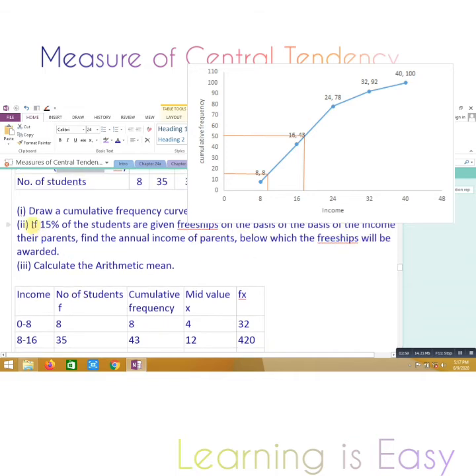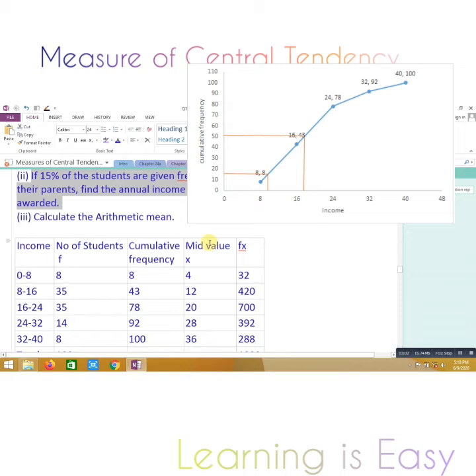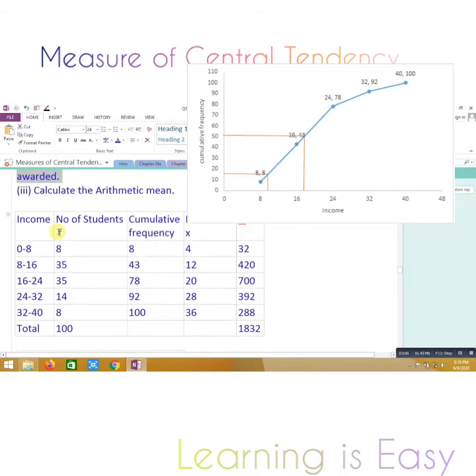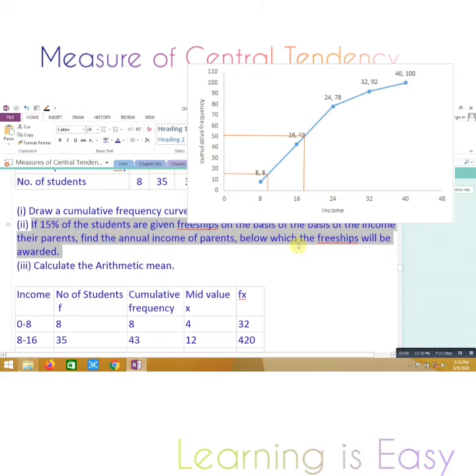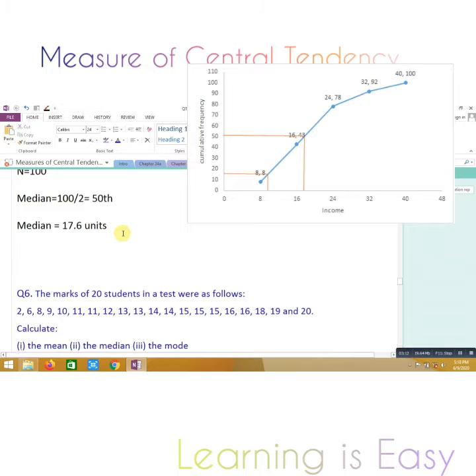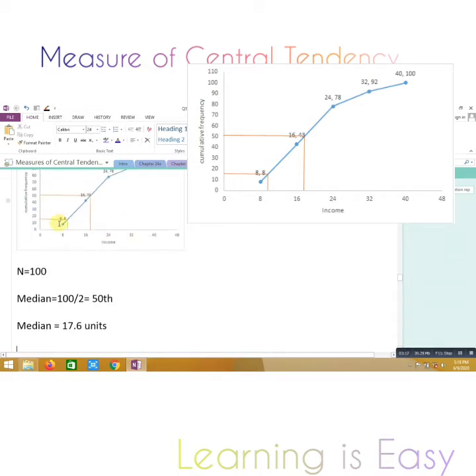Next we need to find the income for which 15% of students are given free ships on the basis of the income of the parents. So 15% of the 100 students, directly it's 15 only. If it's more than 100 students, it can vary. Since it's 100 students, directly 15% is 15 in count.